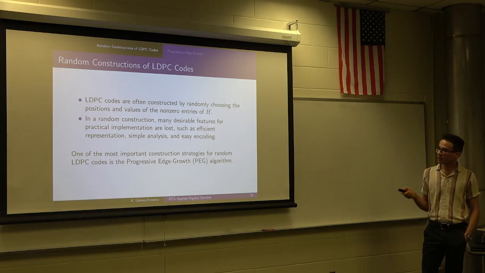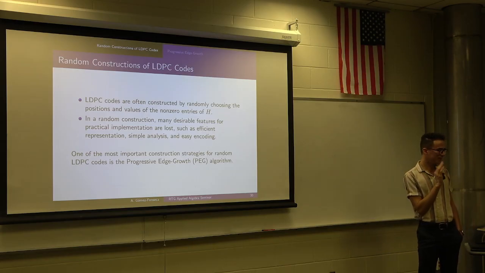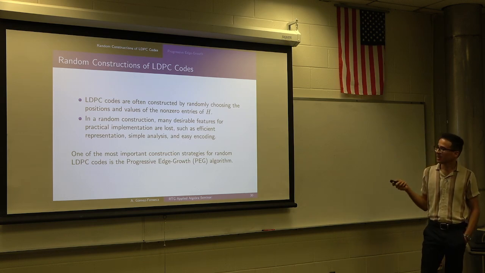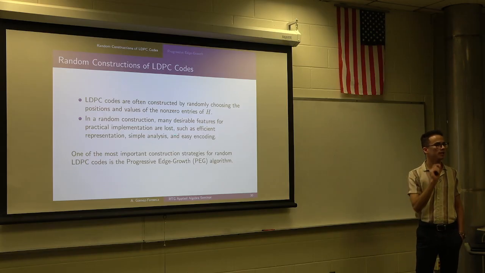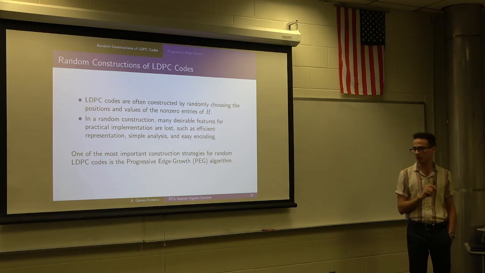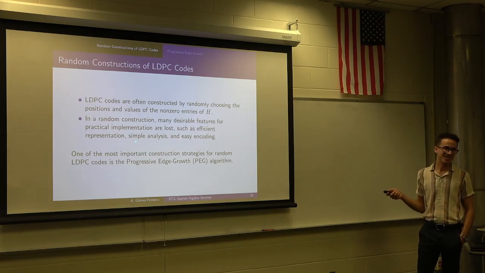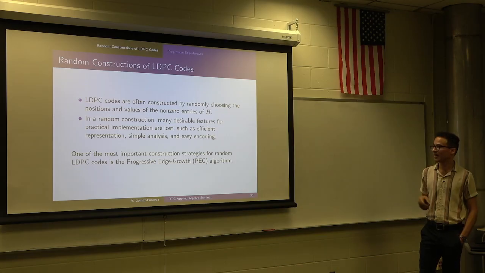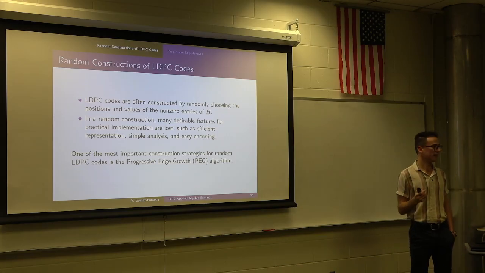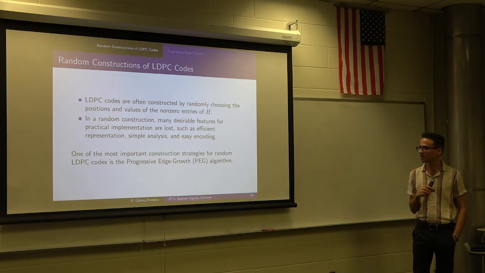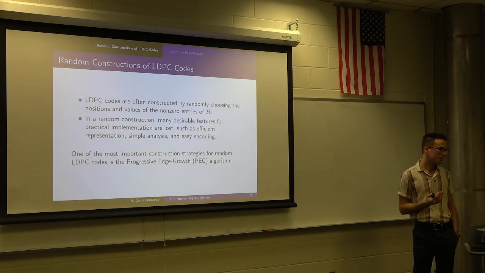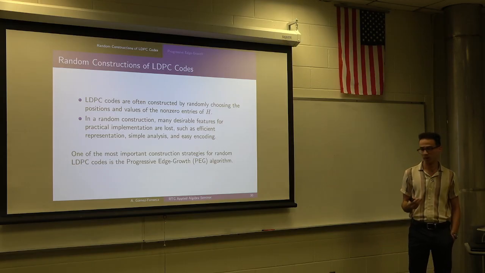The problem with random constructions, and I say problem, but it depends what you want, is that you lose efficient representation when you are randomly deciding where to put the ones. The analysis is no longer simple, and the encoding is not that easy. But the good thing about random codes is that they perform very well.